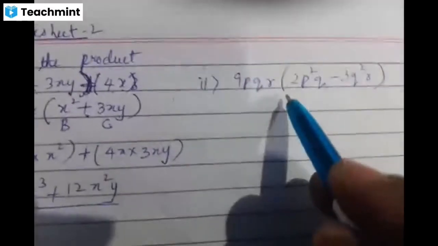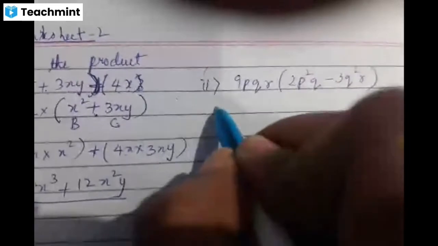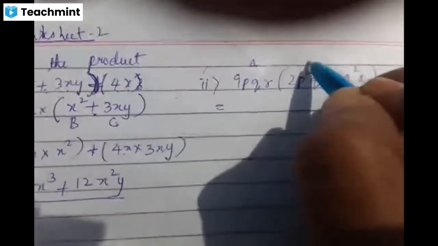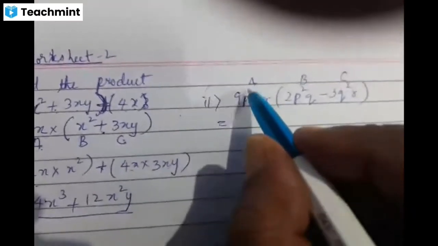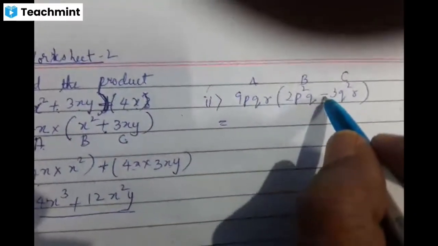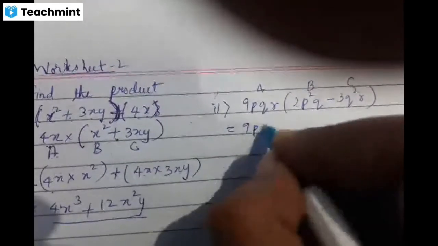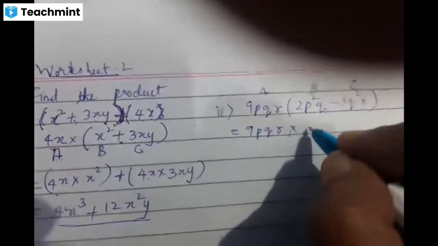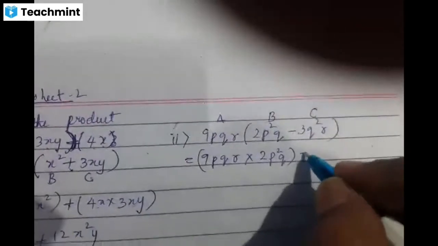Next you have 9PQR, a monomial, and this is a binomial, children. If this is A, this is B and this is C. We are going to multiply first A with B, minus sign as it is, again A with C. 9PQR into 2P square Q in one bracket, minus sign will be kept as it is.